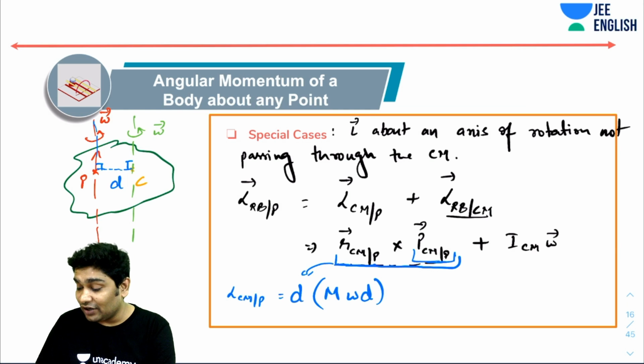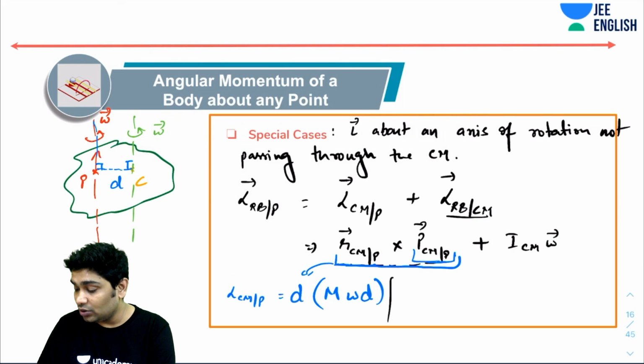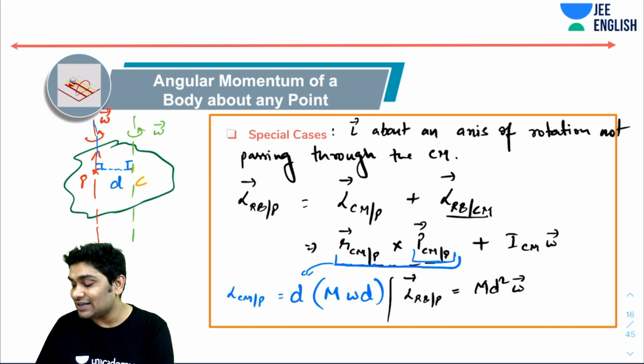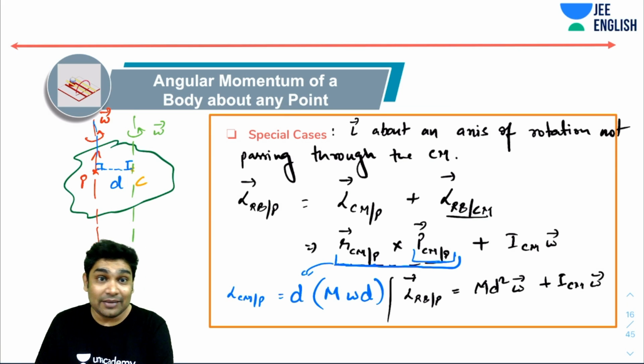The expression that we finally get is that the angular momentum of a rigid body about an axis passing through P would be M D squared omega vector plus I_CM omega vector. Now, all you need to do is take that omega vector common and then you have I_CM plus M D squared.